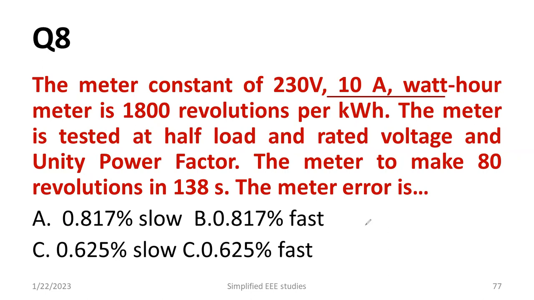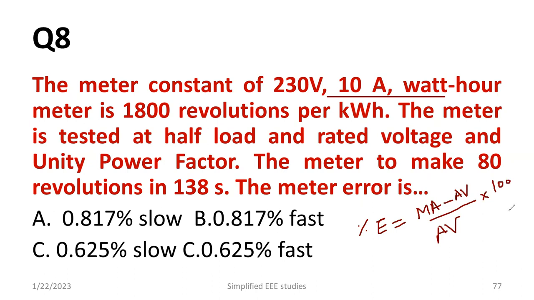So what is the main equation for calculating meter error? Percentage error can be written as measured value, let us write MA. MA means measured value minus actual value divided by actual value into 100. Correct? This is the equation for calculating the percentage error.